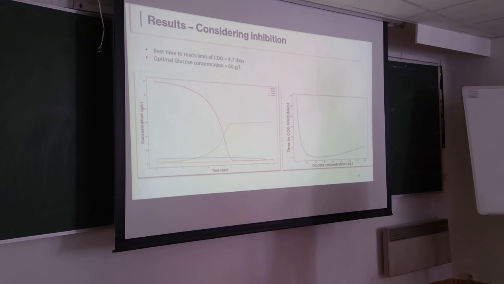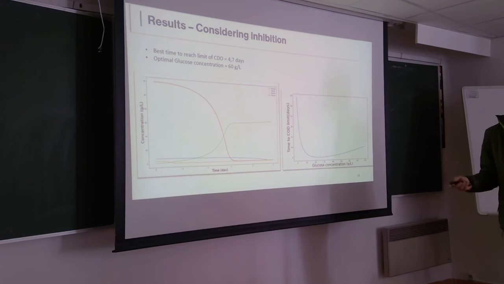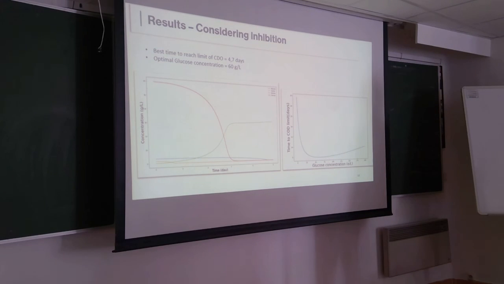And adding this concentration at the end of the dark fermentation, we can consume and be inside the law, or under the law, in almost 5 days. As you can see in this graphic, here you have the glucose concentration, and this is the time to consume the substrate.